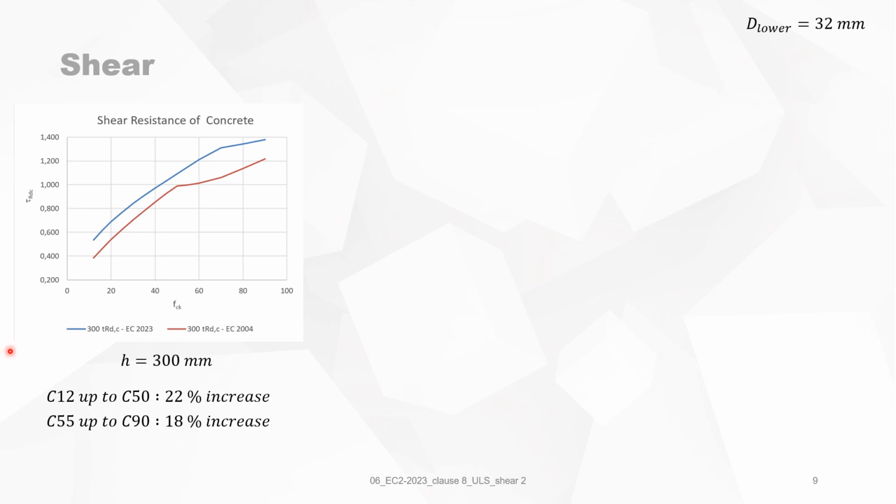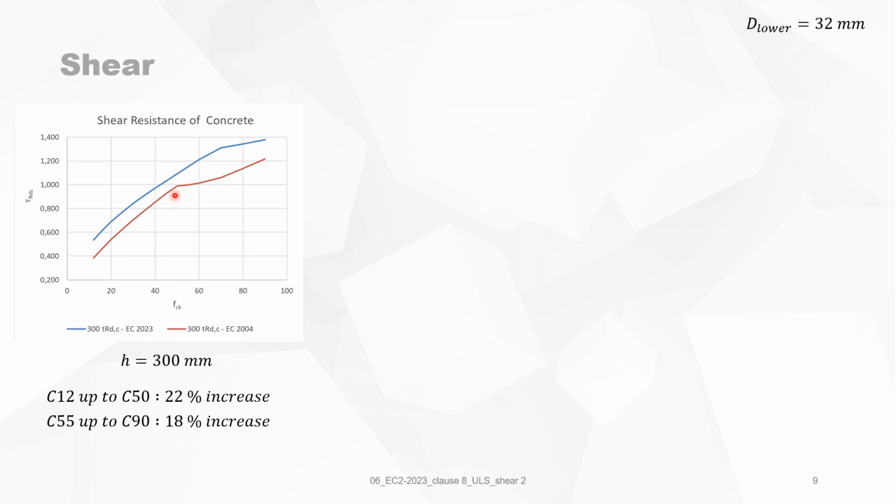Now we will rearrange our data, and we will make a graph of the shear stress capacity of concrete alone, expressed in megapascal, and on the x-axis the concrete quality. And you will see for a beam of 300 millimeters depth that the blue line is the one according to the code in version 2023, and the red one is the one of the present code.